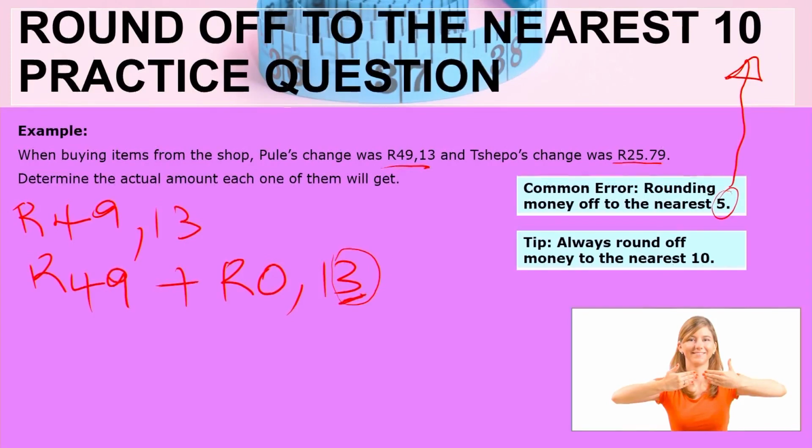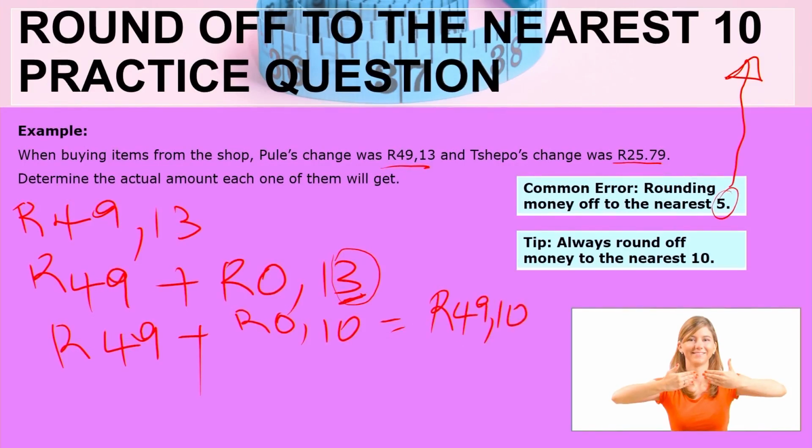The answer that we are going to have is 49 Rand plus 10 cents. So if we eliminate it, it becomes 10 cents. Now, if we take 49 Rand and add it to the 10 cents, we will get 49 Rand 10 cents.